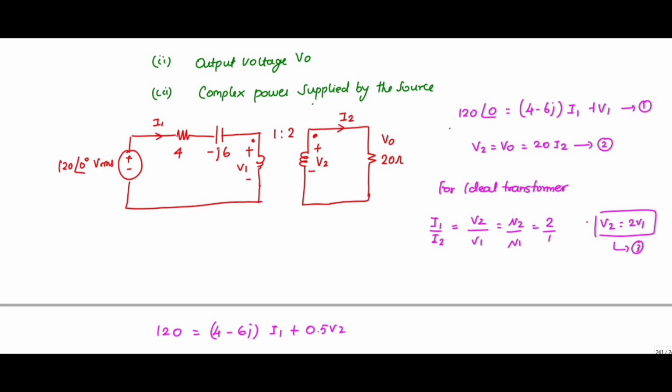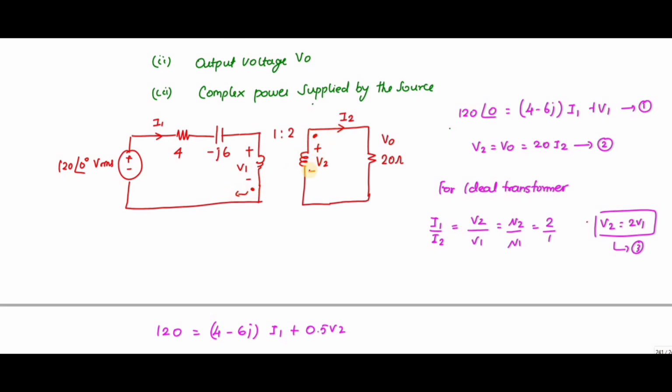Suppose the question is like this, where I1 is leaving and I2 is also leaving.